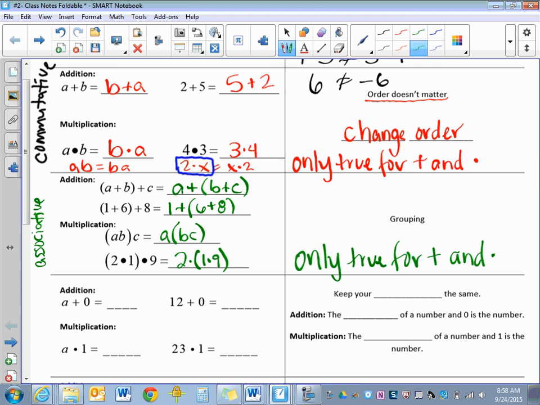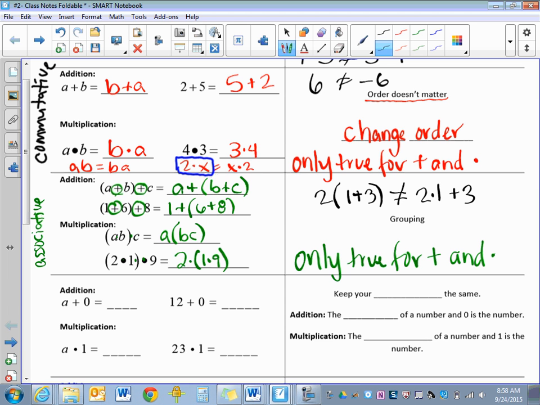And notice you must be adding every single piece together, or multiplying every single piece together. This is not true for the distributive property. So we cannot say 2 times the quantity 1 plus 3 is equal to 2 times 1 plus 3.